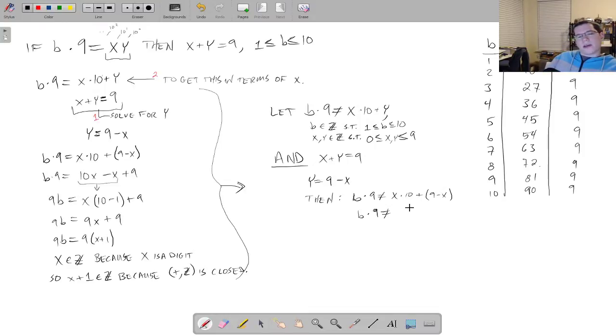Can we do it this way? I want to say this is not right, because does not equal is not a very strong statement. I don't know that you can treat it this way.